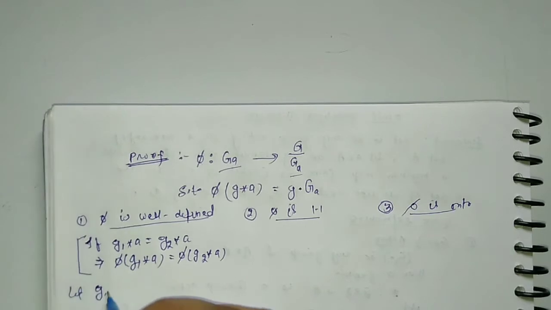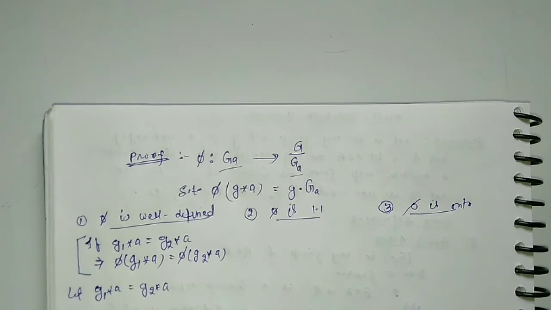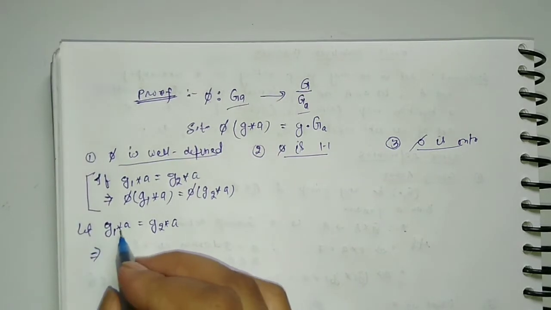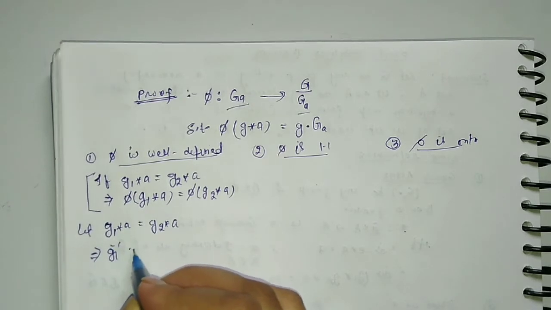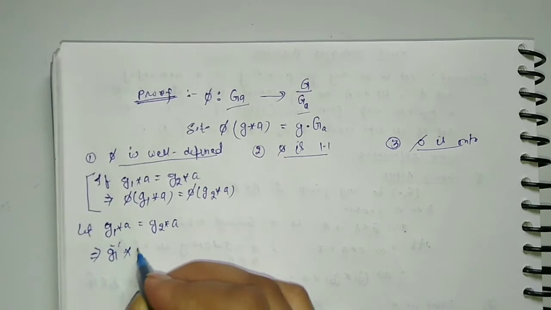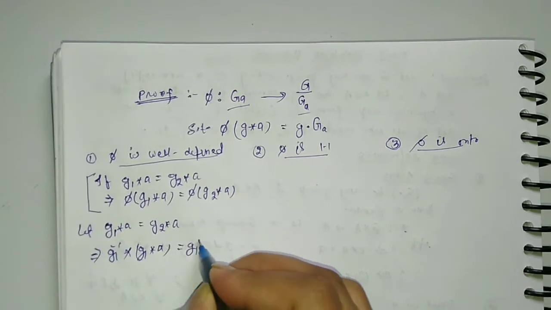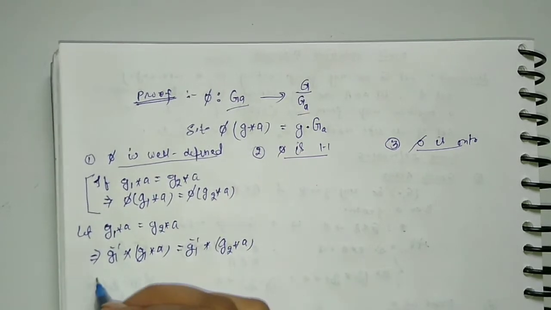So let g1 star a be equal to g2 star a. Then we have to prove that phi of g1 star a is also equal to phi of g2 star a. Now multiplying g1 inverse on both sides on the left, we get g1 inverse star g1 star a, and here also g1 inverse star g2 star a.